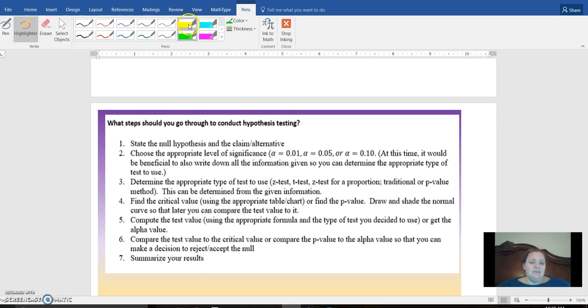The first thing we do is state the null and the alternative. This was the H0, and then H1. Then we do the appropriate level of significance. The problem will tell you the alpha. When you do that, also write down all the other given information.